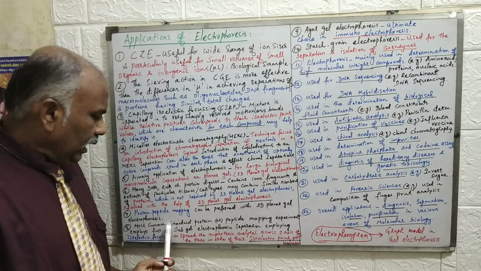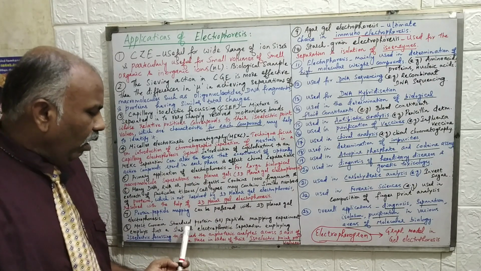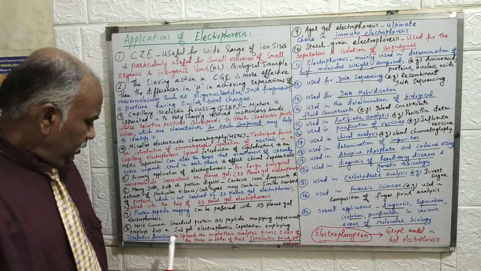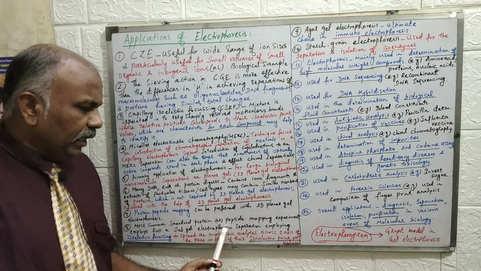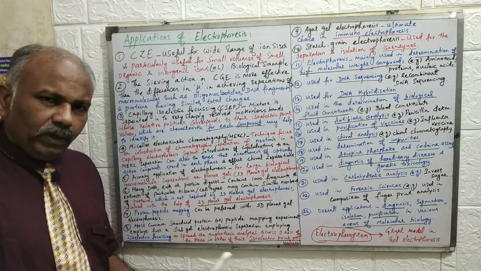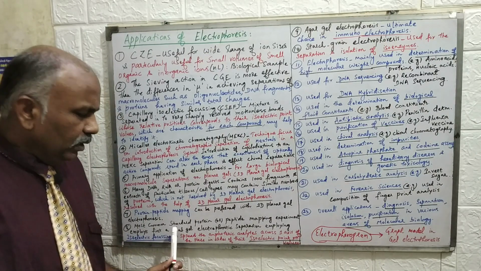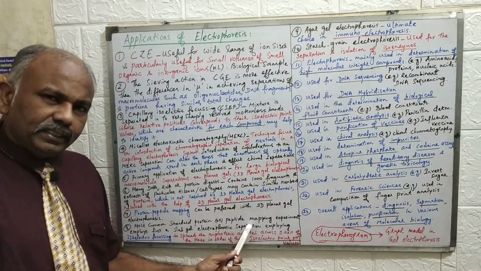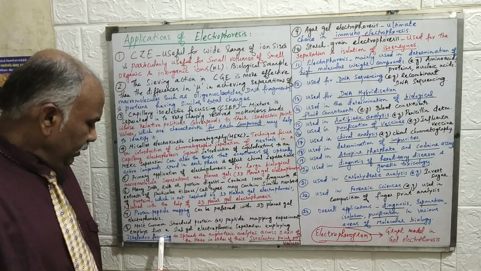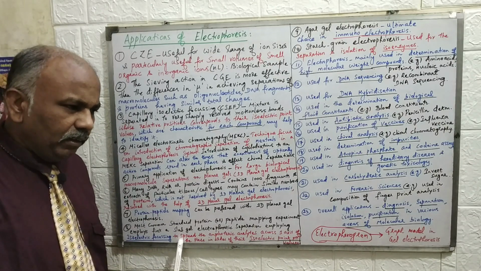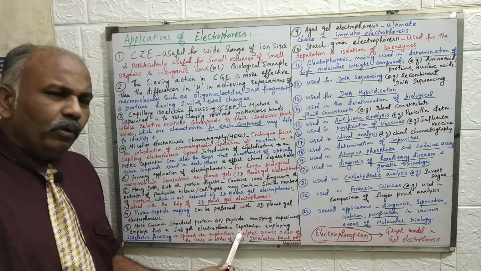Now, there is another application. The most common standard protein or peptide mapping experiment employs first a slab gel electrophoretic separation. If you go for standard protein or peptide mapping, we go for standard slab gel electrophoretic separation employing isoelectric focusing. Here we have to apply the isoelectric focusing technique also to spread the amphoteric analytes.